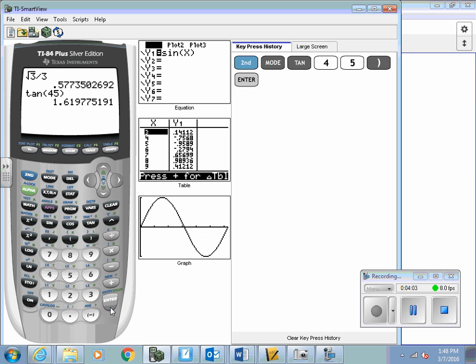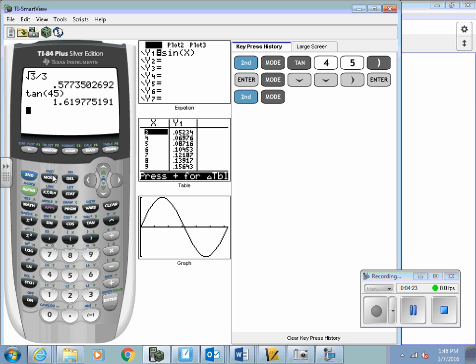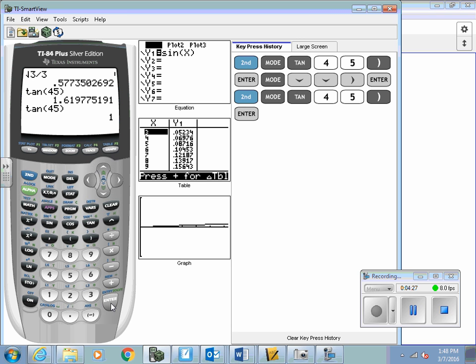And what I'm going to get out is a ratio of the opposite side to the adjacent side in a right triangle with an acute angle of 45. And let me see if I'm in degrees. I'm in radians, so actually, that really doesn't matter, but for this purpose, I'll just put it in degrees. And so I'll be tangent 45 again. So you're always either entering a radian measure or a degree measure with a regular trig function.